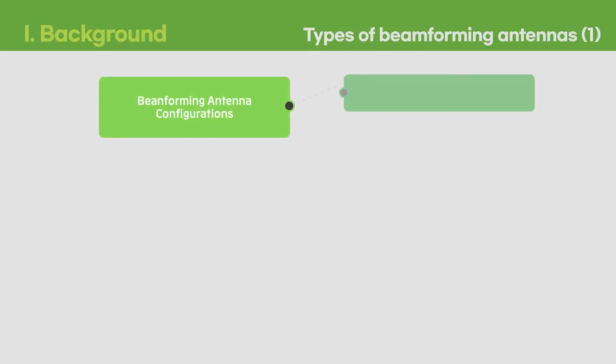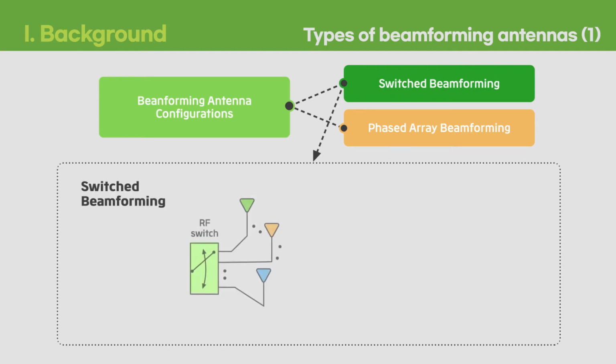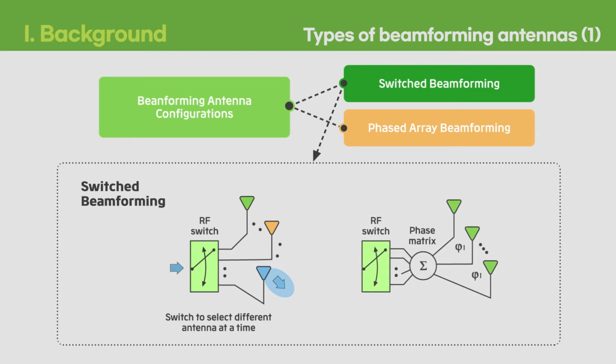A beamforming antenna configuration can be roughly divided into two types: switched beamforming and phased array beamforming. The switched beamforming is configured by a switching network and an antenna array. Based on the switching operation, different antennas pointing different directions can be selected to enhance communication coverage, where the beam direction can also be controlled by adding a phase matrix, which can provide different phase combinations to each antenna element in the array.